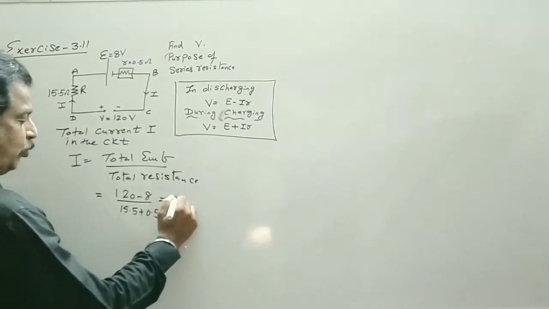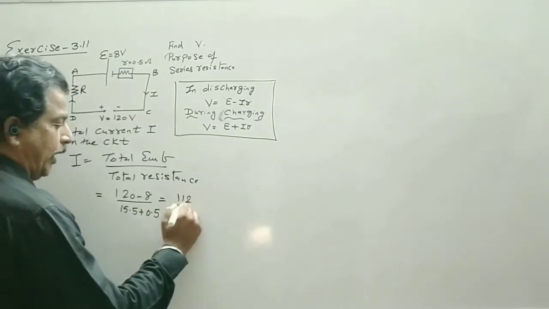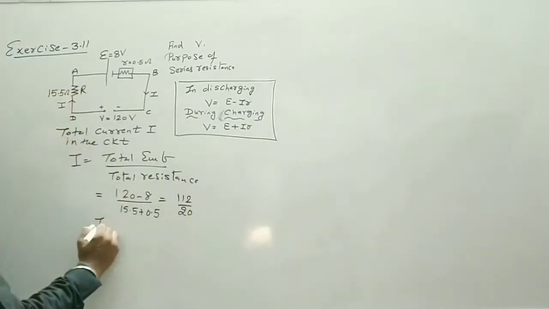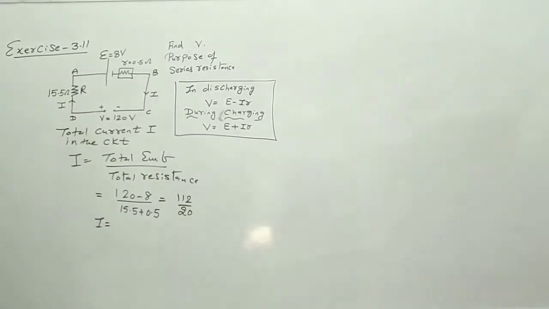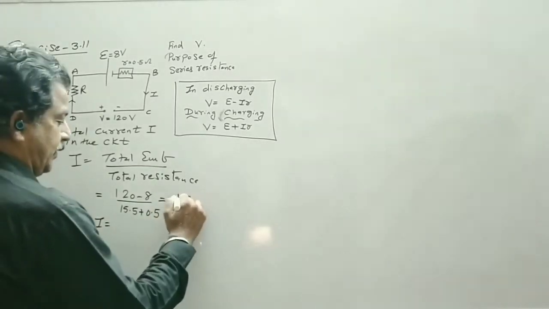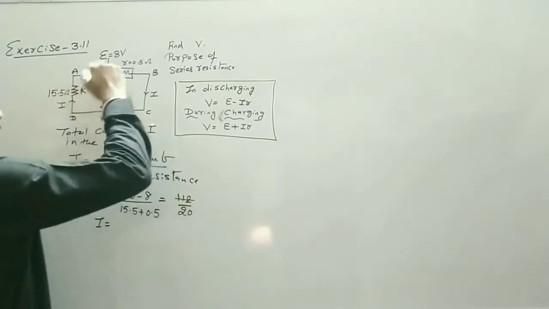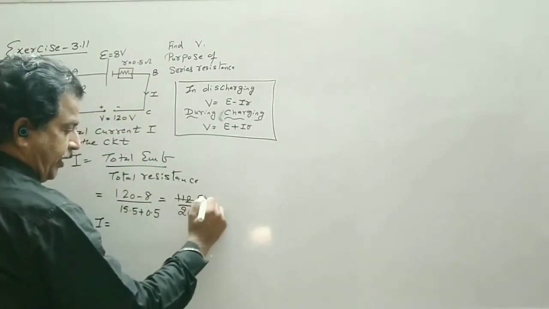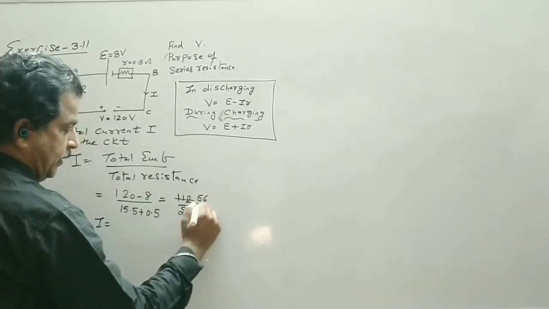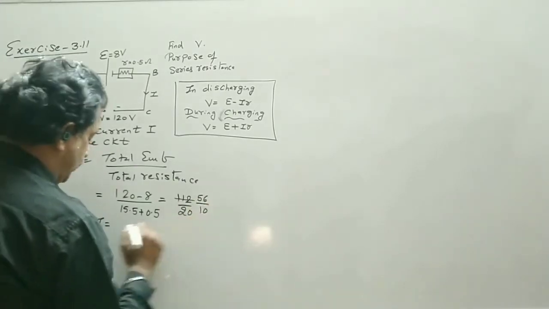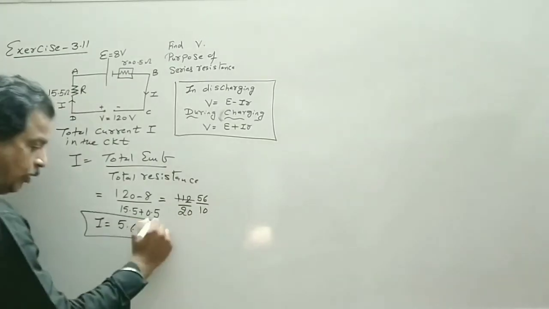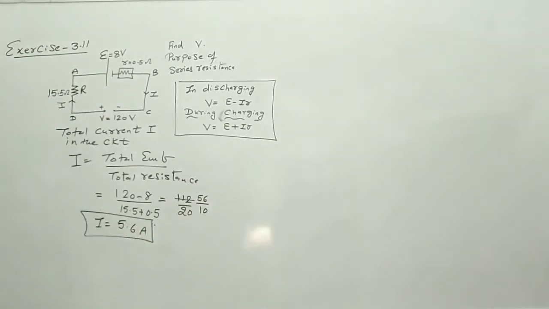So this is equal to 112 divided by 20. So this much ampere of current is flowing through this circuit. So it becomes 56 divided by 10, that is 5.6 ampere. So this is how I can directly find the current in the circuit.